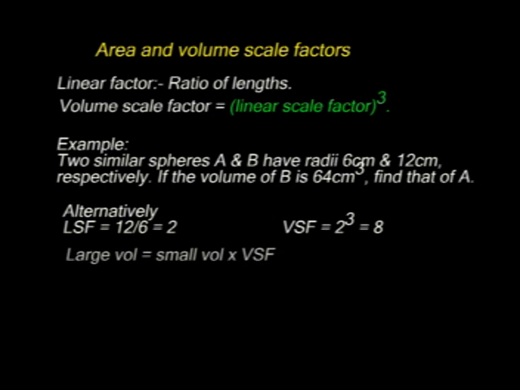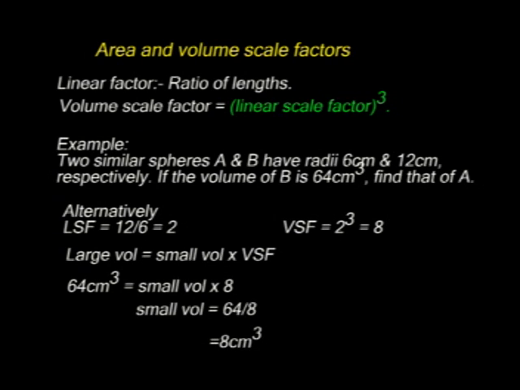So the larger volume will be given by small volume times the volume scale factor. So 64 cubic centimeters is the volume of the larger sphere, will be given by the small volume, which we don't know, times the volume scale factor, which is 8. If you divide both sides by 8, you will have the volume of the smaller sphere given by 64/8, which is 8 cubic centimeters, the same as the one we got.